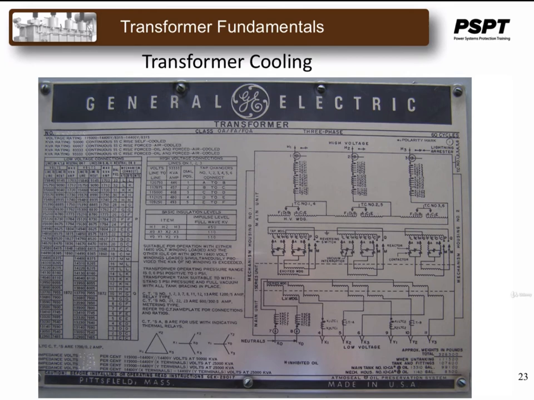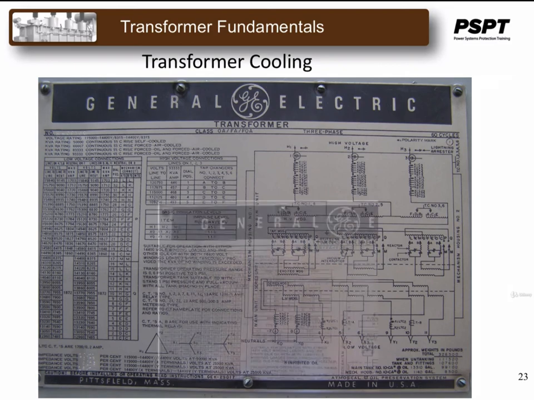Here is an example of an older transformer that doesn't use the standard 4-letter designation for the cooling method. In this case, it's multi-rated, and it uses either a 2-letter or a 3-letter designation, which is similar to the 4-letter designation.